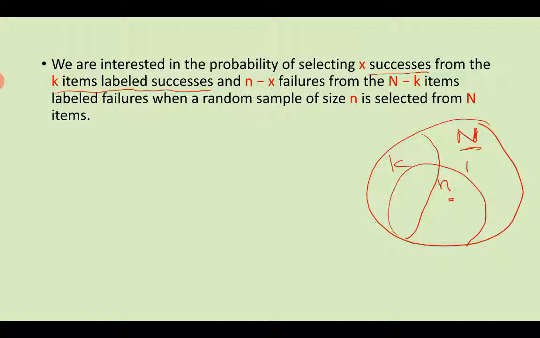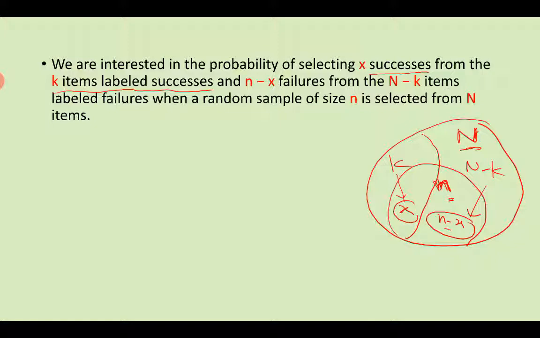These k are successes and the remaining N minus k are failures. So small n will have both successes and failures. It will collect x as successes, and the remaining n minus x as failures. So x out of k, and n minus x out of N minus k. We will form a small sample, small n.